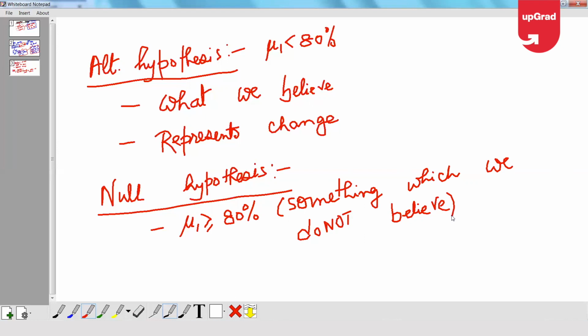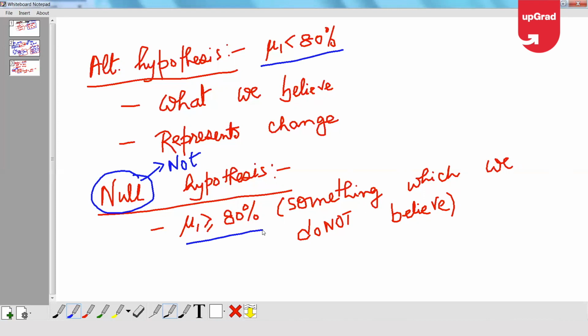Okay. Now how to remember it easily? Look at the word null. Null means nothing, not my hypothesis, right? This cannot be my hypothesis. So, not my hypothesis, null hypothesis. So we have two statements now. One is what we believe and one is what we do not believe. So alternate hypothesis is what we believe, null hypothesis is what we do not believe.